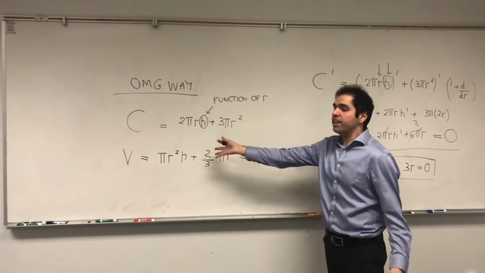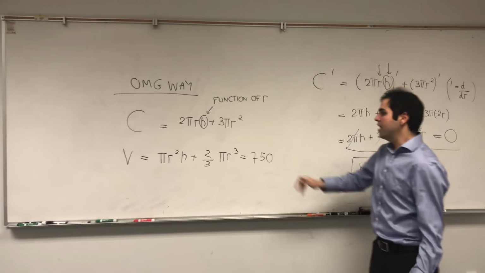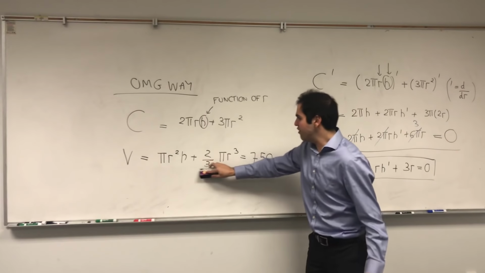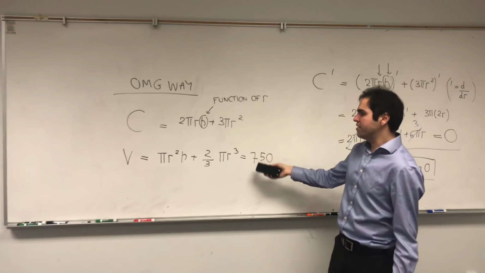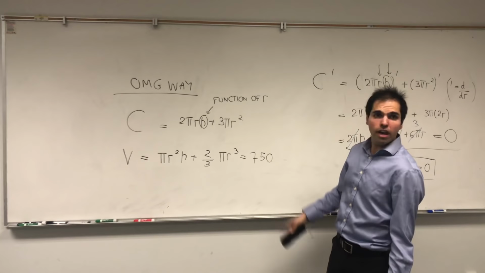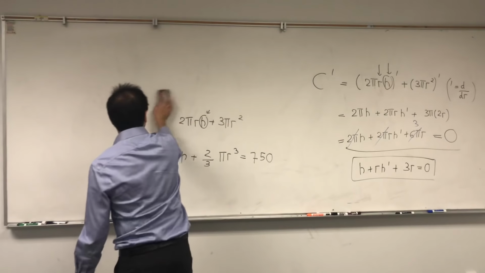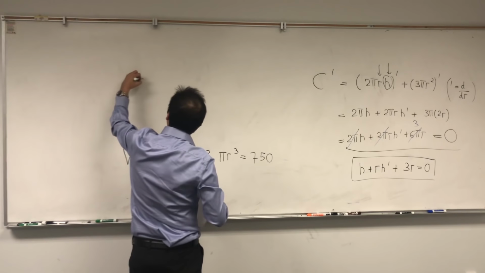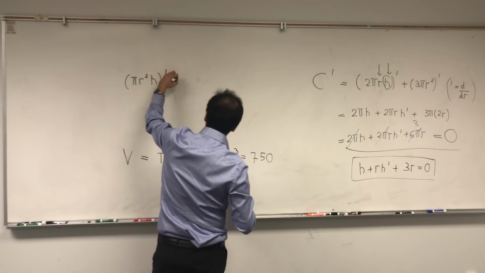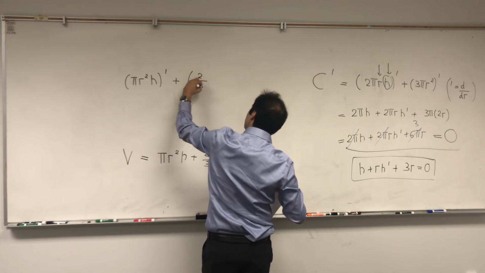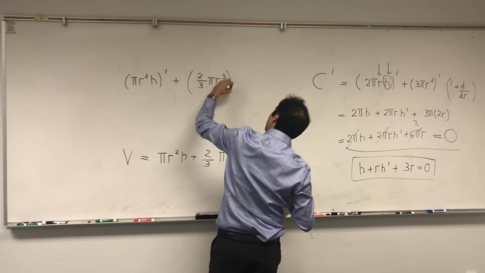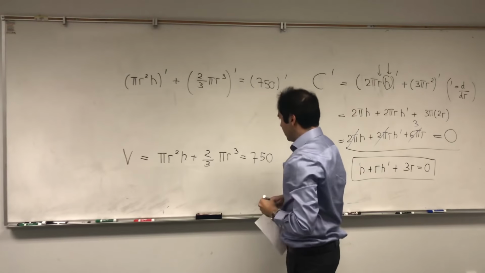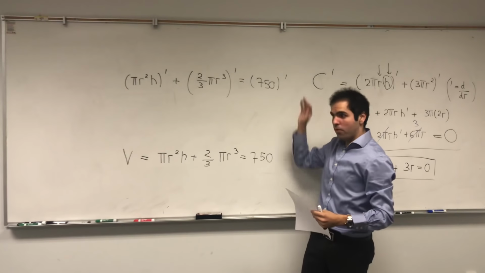On the other hand, we can do the same spiel with V, because V is always constant. So if you differentiate both sides with respect to r, the right-hand side becomes 0. So we get pi r squared h prime plus 2/3 pi r cubed prime, and that's 750 prime. And yesterday I had USDA prime.